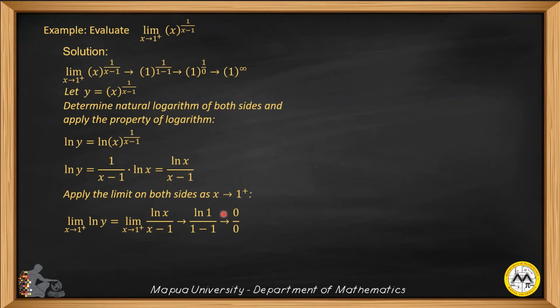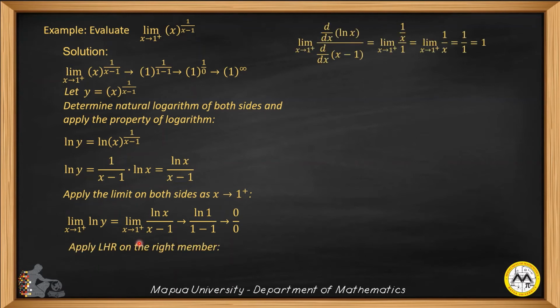Okay, so at this point we encounter an indeterminate form 0 over 0. And as such, we now can use L'Hopital's rule to evaluate the limit of ln y, or the limit of ln x divided by x minus 1 as x approaches 1 from the right.